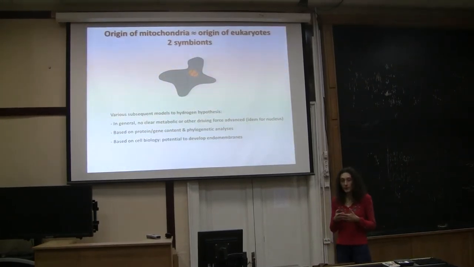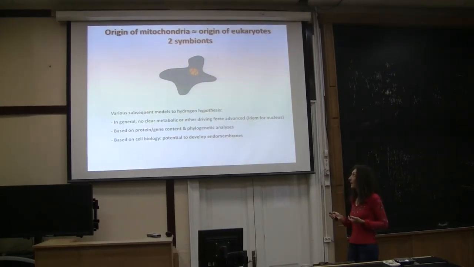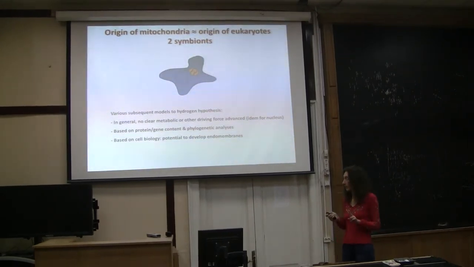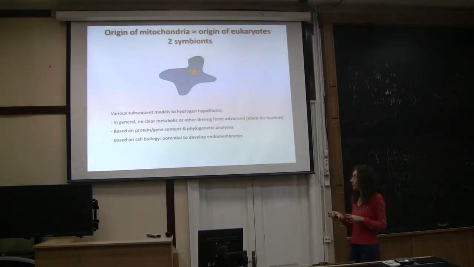Nevertheless, the most famous, the most trendy hypothesis nowadays is that the ancestor of eukaryotes was an archaeon that engulfed the ancestor of mitochondria, because it's simpler, you just have two symbionts. And there are several variants of this basic type of model.